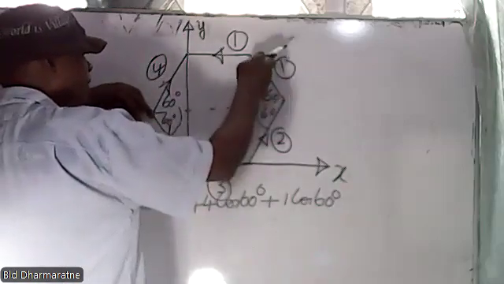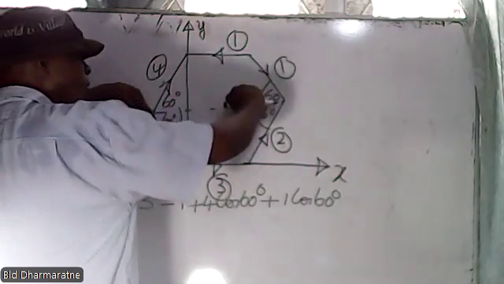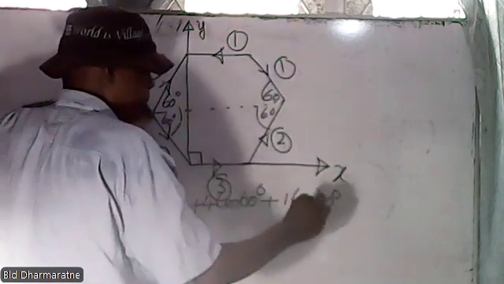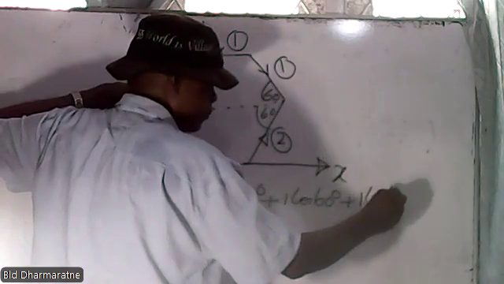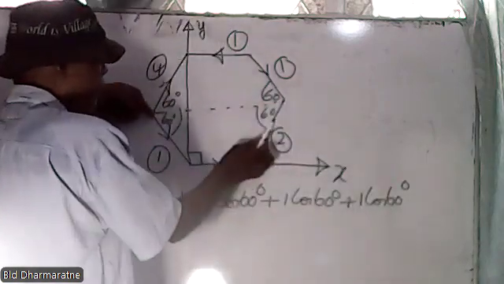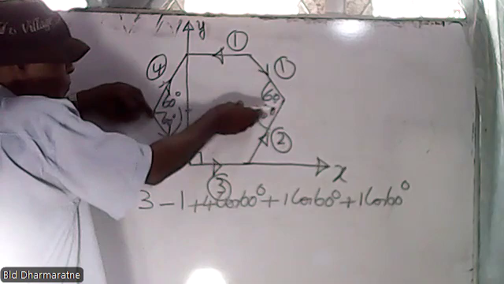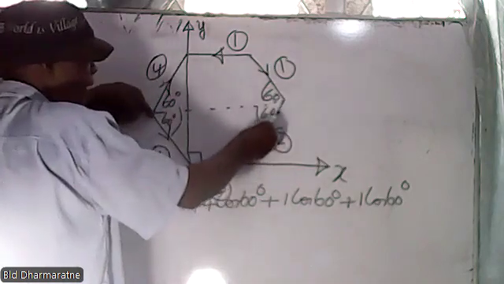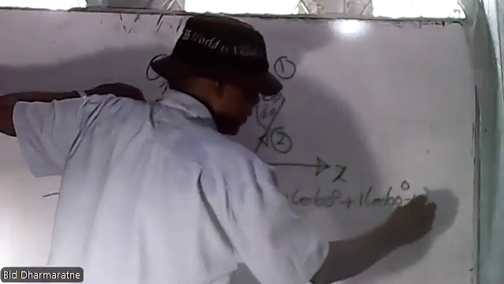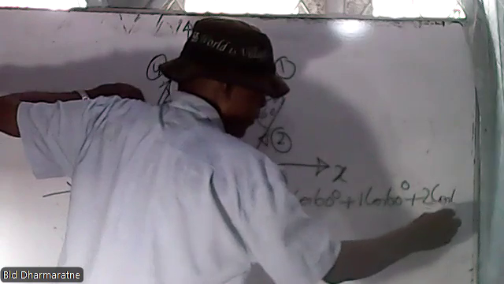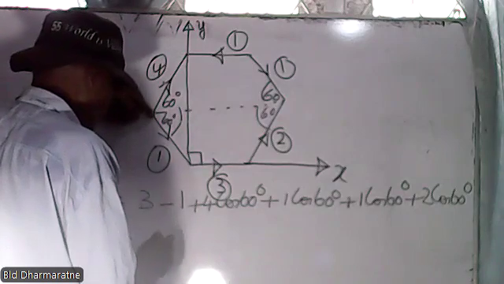This one, in this direction, 1 cos 60 resolved, then plus 1 cos 60. Here, this one resolves to this direction, 2 cos 60.